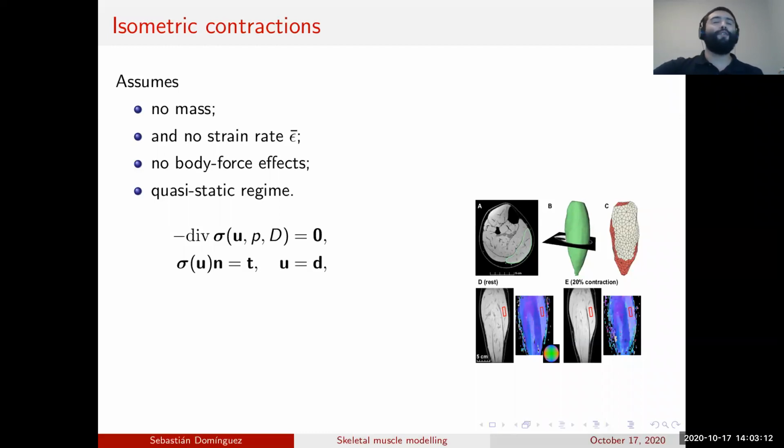Anyway, after hours and hours of those discussions, what I can tell you from my point of view is this. If you have a muscle that is clamped at one bone on one end and at another bone at the other end, an isometric contraction would be like putting a weight on your hand. If you don't want your hand to move, your muscle has to contract to do that because you're putting some weight here.